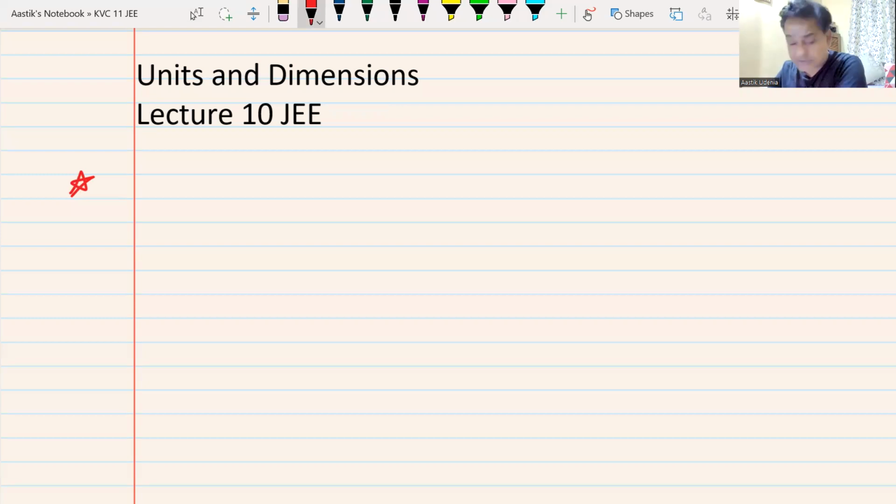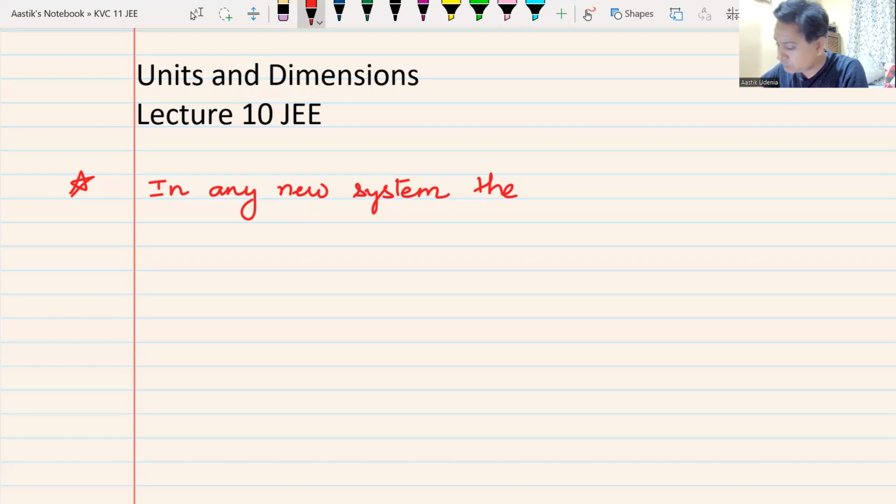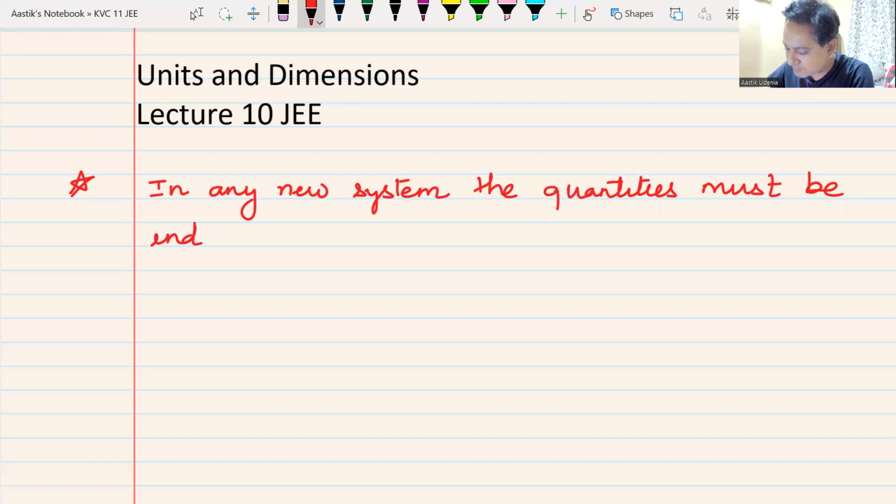Now, in any new system that we create, and I hope everyone writes this, the quantities that we use as fundamental quantities must be independent of each other.